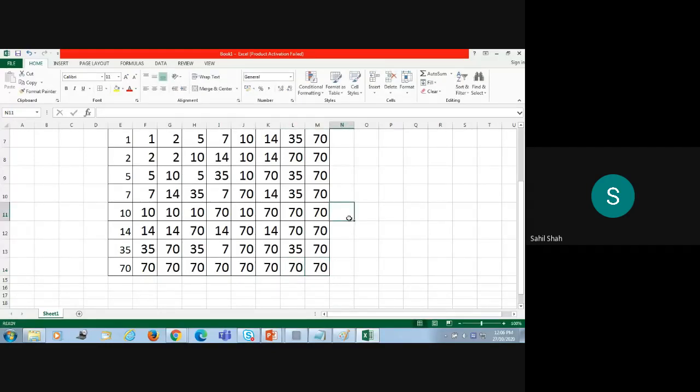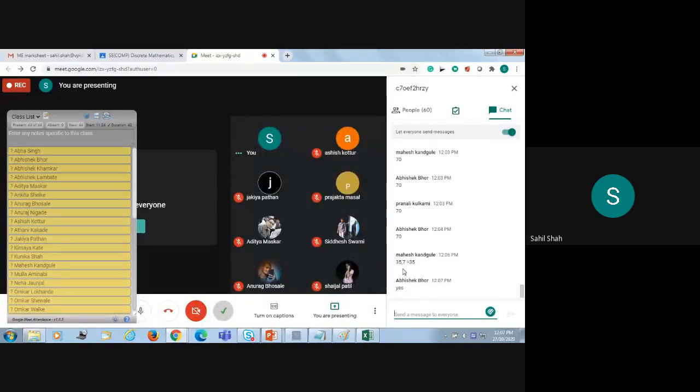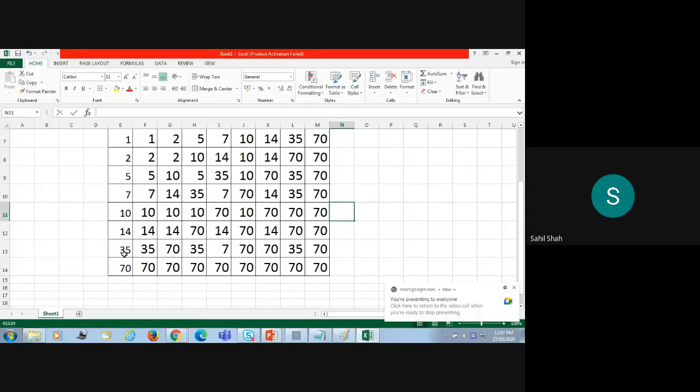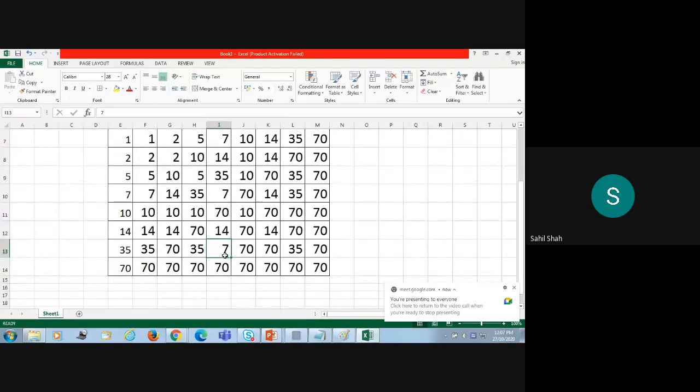Whether anything is wrong in this table, whether all entries are right? 35, 7, 35. Mahesh is saying, okay, let me check out. 35, 7. Yes, yes, Mahesh. Yeah. Fine. I have forgotten. 35, 7, 35. Least common multiple, is it?